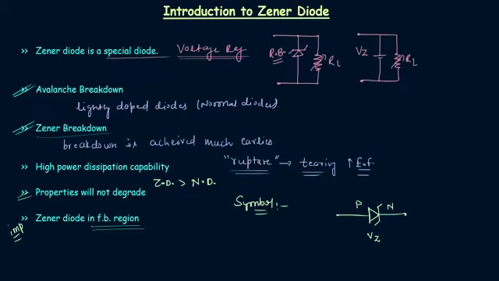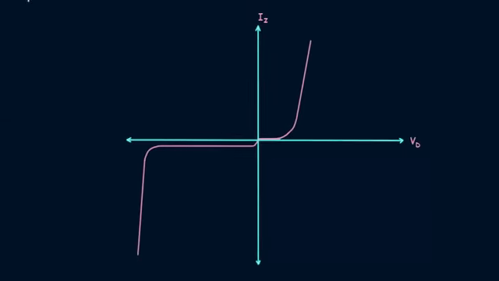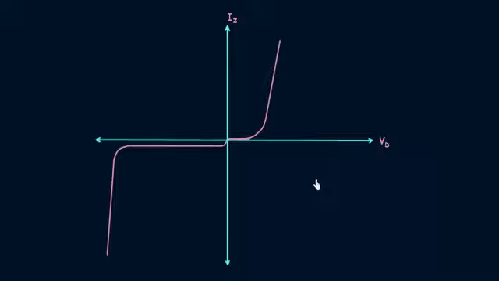Now I will try to obtain the equivalent models for Zener diode using the VI characteristics of Zener diode. This is the forward bias region and this is the reverse bias region. In case of forward bias region, I have already explained the Zener diode is similar to the normal diode. This is the symbol of Zener diode. I will connect P side to the positive terminal and N side to the negative terminal.